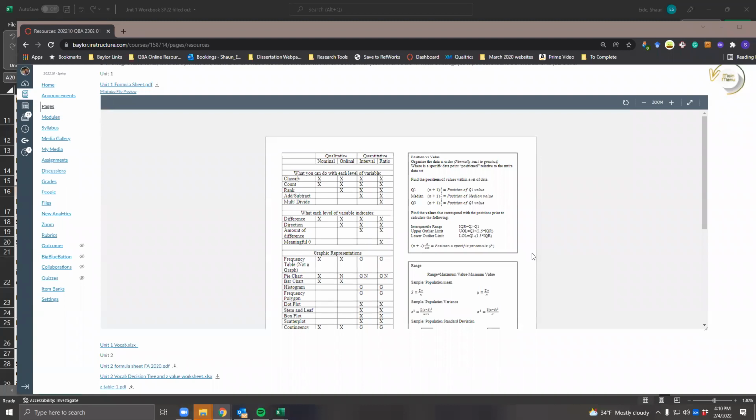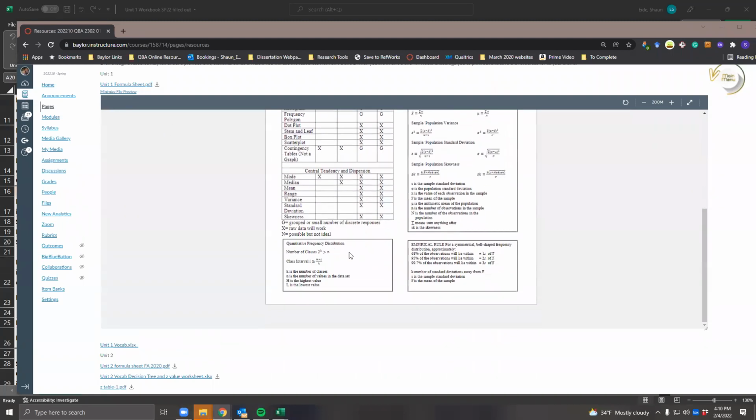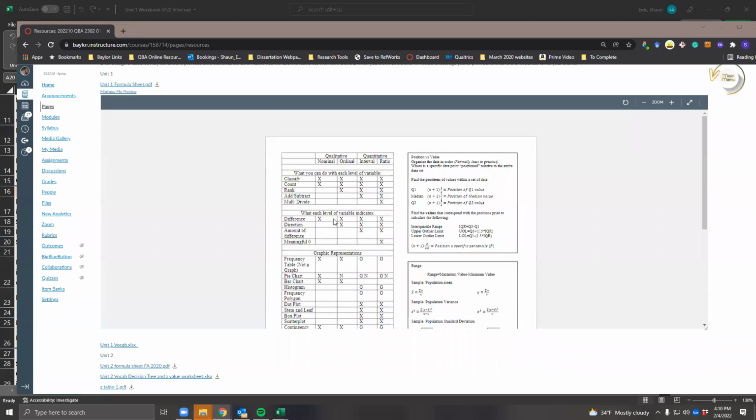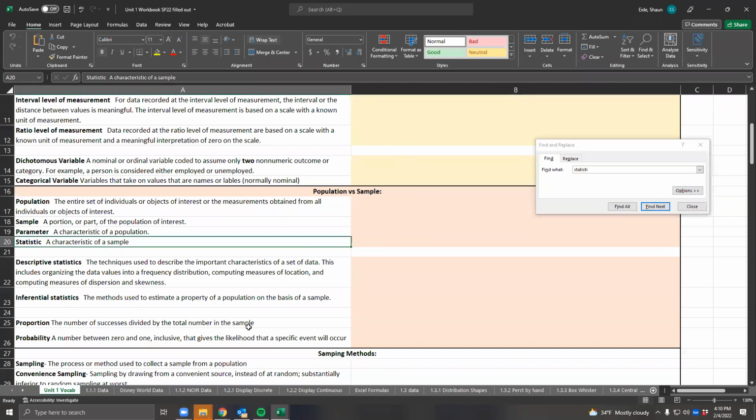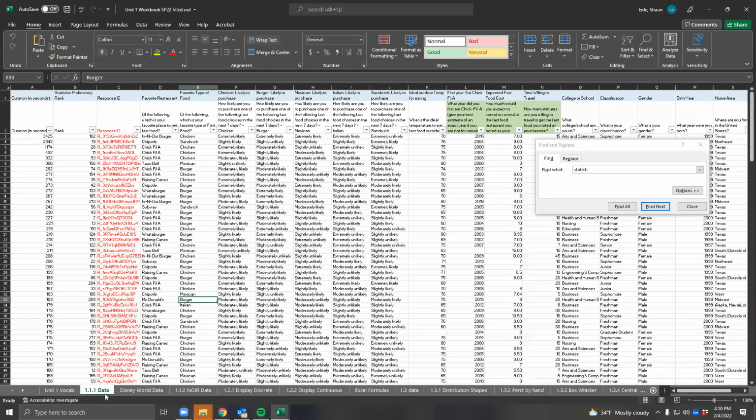Okay, so now we've got this wonderful information of what different types of data you have and what you can do with it.